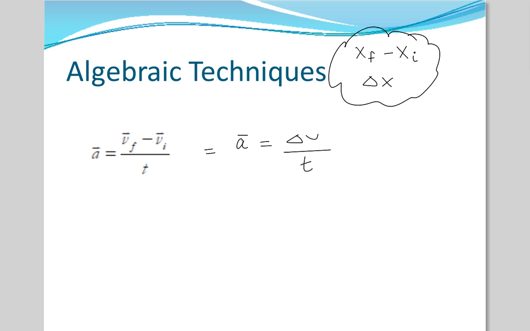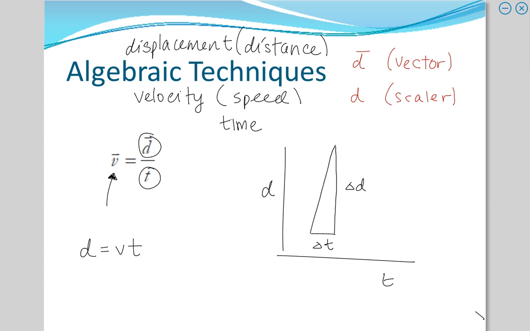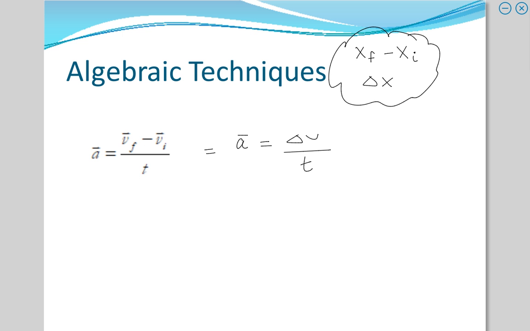Are you accelerating fast or accelerating slow? So that's acceleration. It's a measurement of how quickly your speed is changing. What was the last one about? How quickly the distance is changing. That's velocity or speed. But how quickly the speed is changing, that's acceleration.